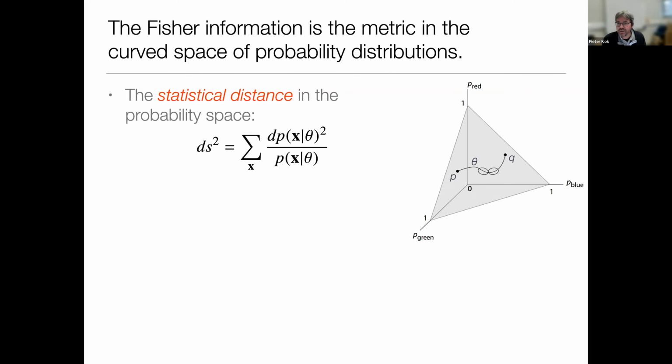And in fact, the metric itself is really the Fisher information, and so you can see that for this ds squared, this is not a flat space because we divide by p. And so you can see that if one of your probabilities is 0, so you're lying on the edge of the triangle, the distance goes to infinity because it diverges, you divide by 0.